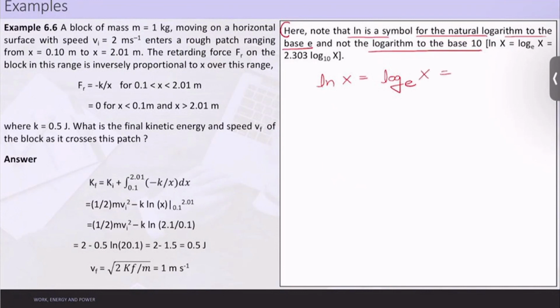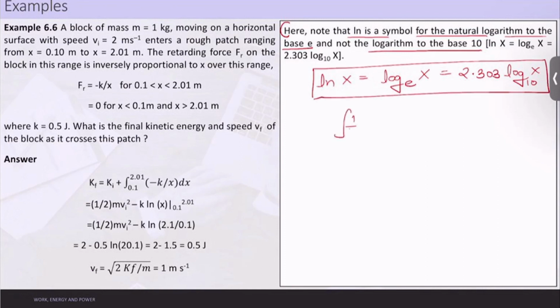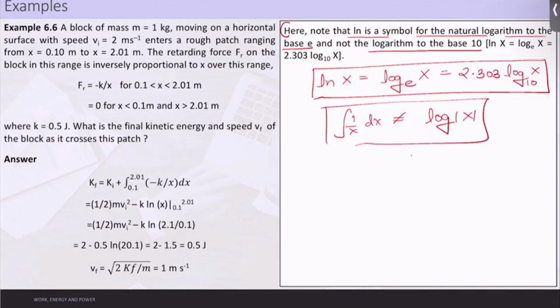There's a multiplying factor, it is 2.303, if you need to convert this to base 10. So it's a simple note, so that whenever you do integration of 1 by x dx, it is not equal to log x. Just refer to this, it is equal to ln. Okay, so that is a simple note which I just need to refer to you.